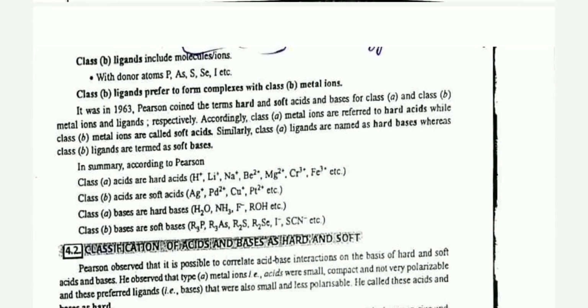Class B ligands include molecules or ions with donor atoms phosphorus, arsenic, sulfur, selenium, iodine, etc. Class B ligands prefer to form complexes with class B metal ions.